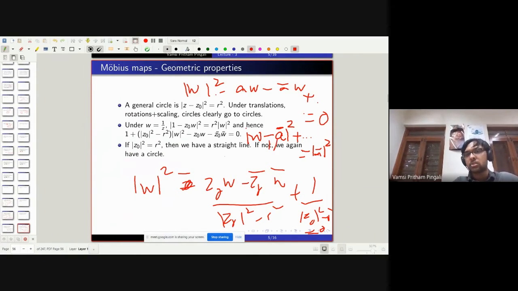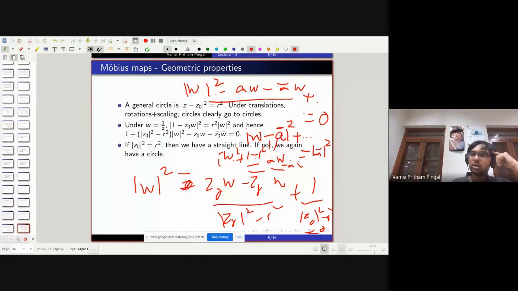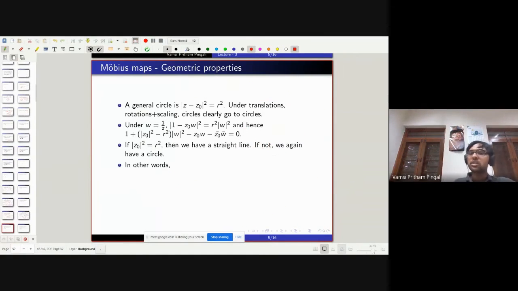Why? Because this is mod W square plus mod A square minus AW minus A bar W bar, which is precisely this. So completing the square, you don't have to always go back to Cartesian coordinates. That's the point I was trying to make. Anyway, we again have a circle.